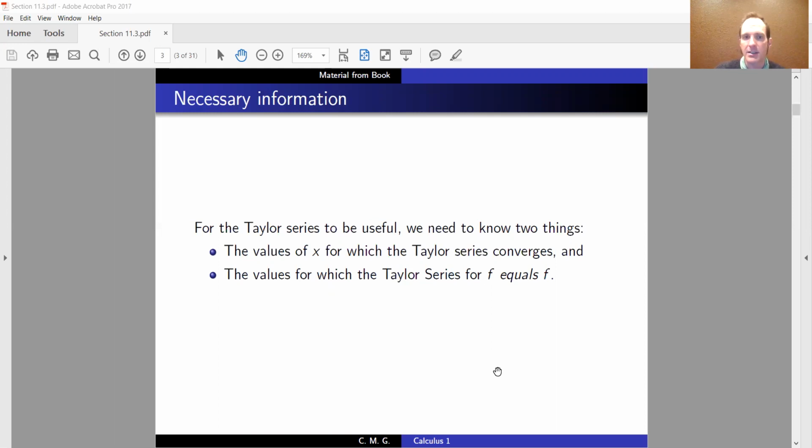The second question, which we don't do a lot of work on but is really important, is where is it actually going to be equal to the function value? Is it true that where it converges is exactly where the Taylor series is equal to the function value? That's a trickier question. We're going to skirt that a little bit and mostly talk about where it's convergent again, because that's what we did in our power series as well.